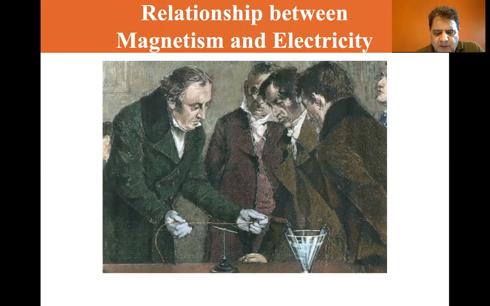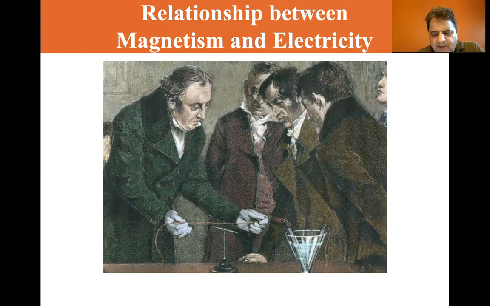And then in the 1820s, more connections were made by Faraday and Henry, and they showed that a magnet moved near a circuit, and that a changing current caused magnetism.